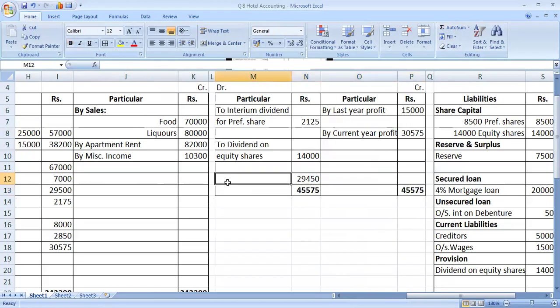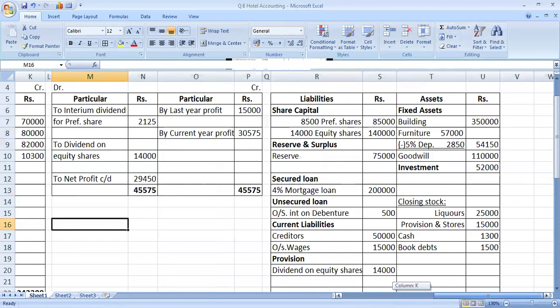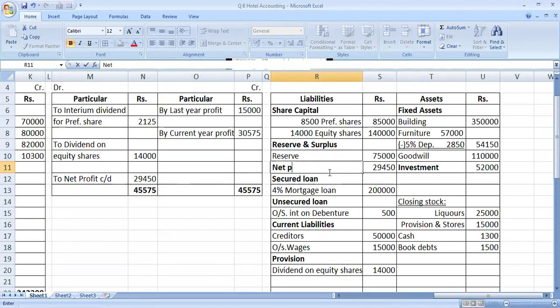This is the net profit. Write it down: 29,450, taken to liability side under the heading of reserve and surplus, 29,450 net profit.